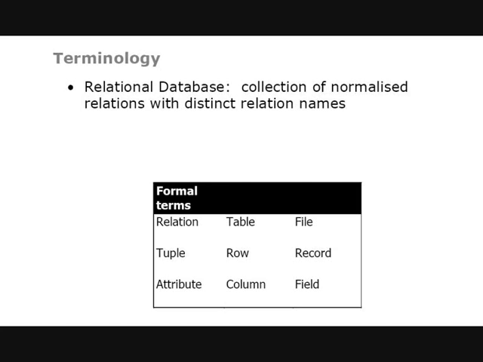A tuple is a more mathematical name. A row is the same, or a record in the old way of looking at things. And you also have attributes or columns, the same, or fields in the old terminology. So those are the things that you will hear of again and again in the relational model.